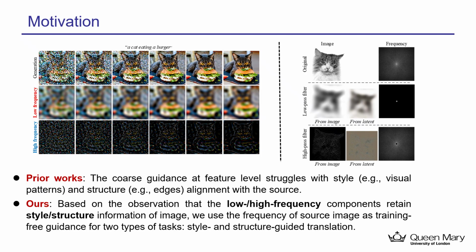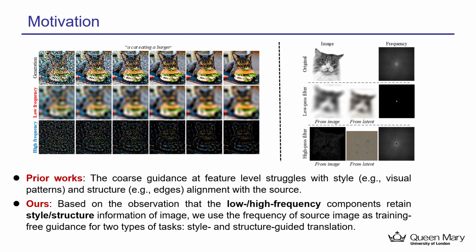When we perform low-pass filtering or high-pass filtering on the noise latent and then recover the clean image, we find that the low-pass filtering result has the color and the high-pass filtering result has finer contour details. So this inspires us to use the frequency information to perform the translation.